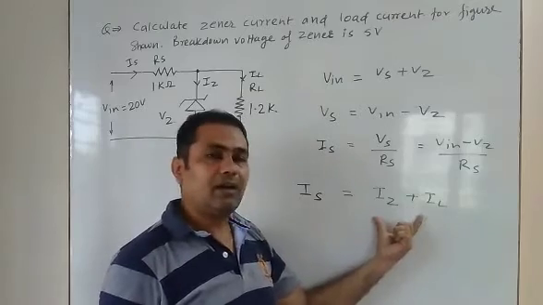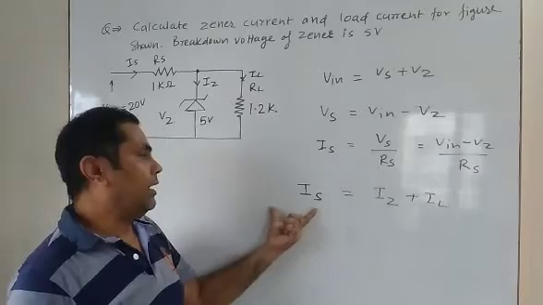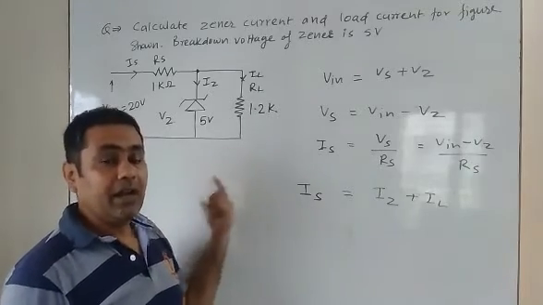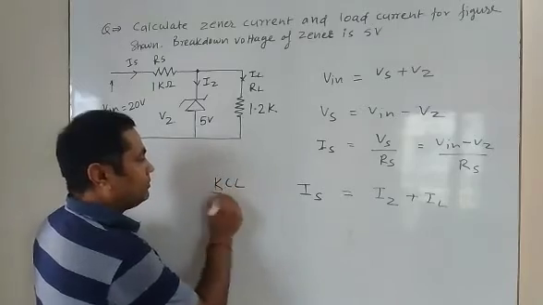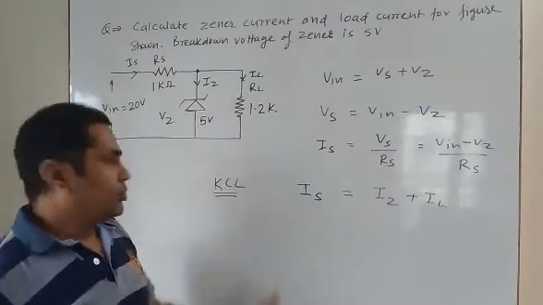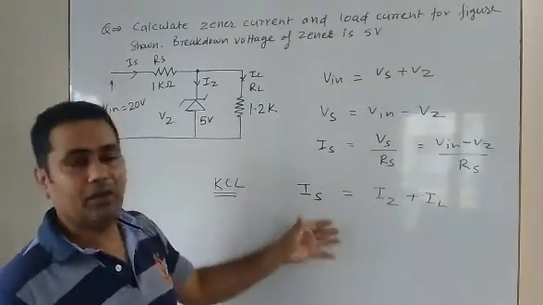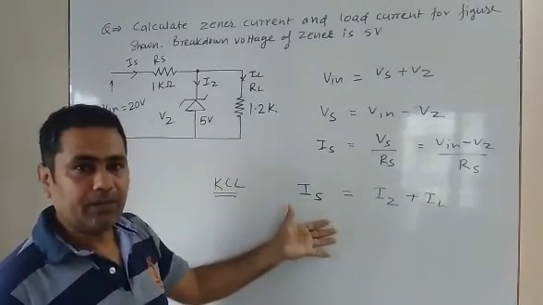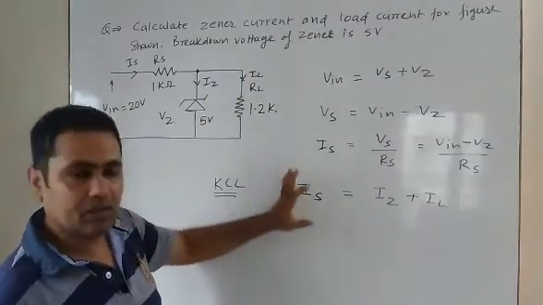Right hand side currents are the currents going out of the node, and left hand side currents are those entering the node. This is nothing but KCL, Kirchhoff's current law. On the basis of these two formulas, we can solve any problem on the Zener regulator. Now let us take this example and solve it.